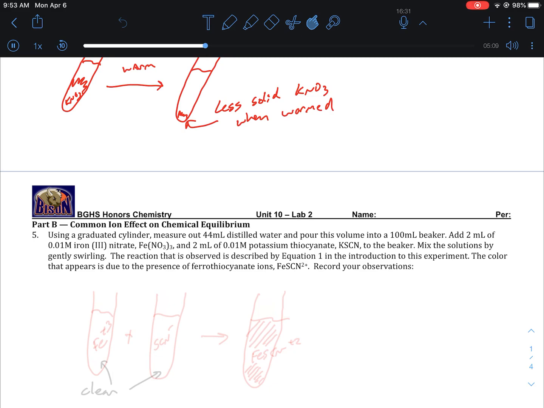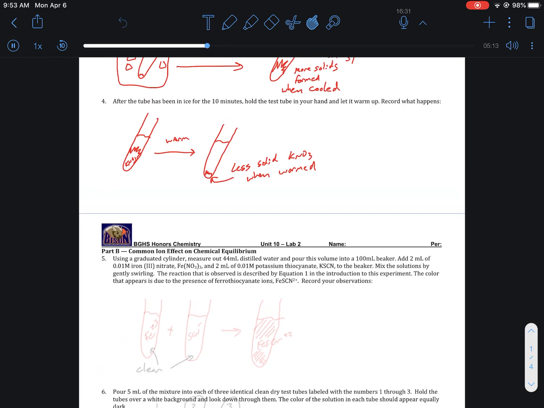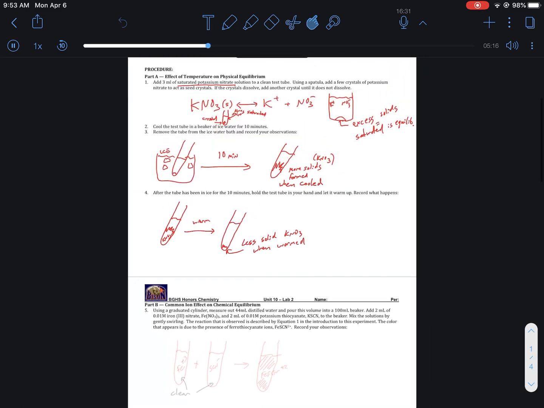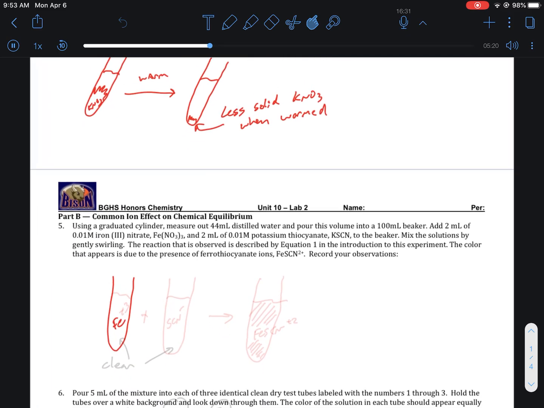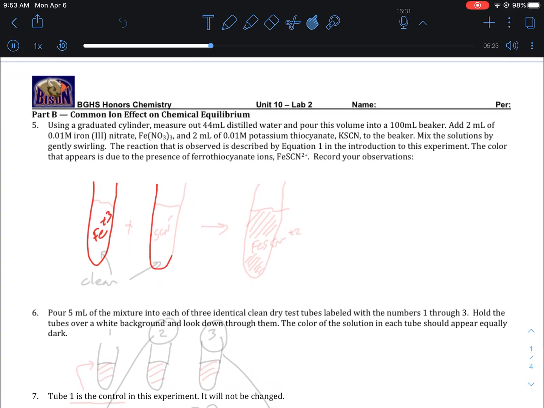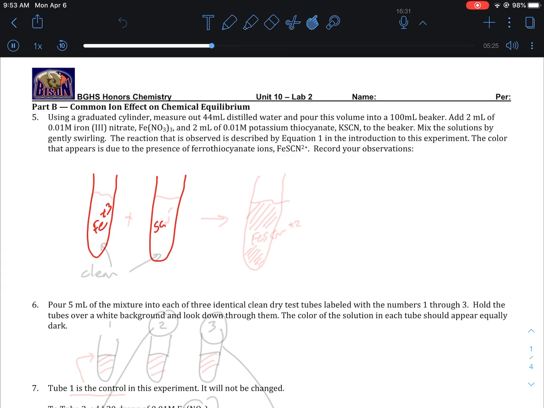All right, in part B, that reaction that's referenced on the top of this lab, we went ahead and we made the solutions. And we made solutions of iron, of SCN ion, and we added them together. And that gave us the FeSCN 2 positive ion, which has a dark red color to it.